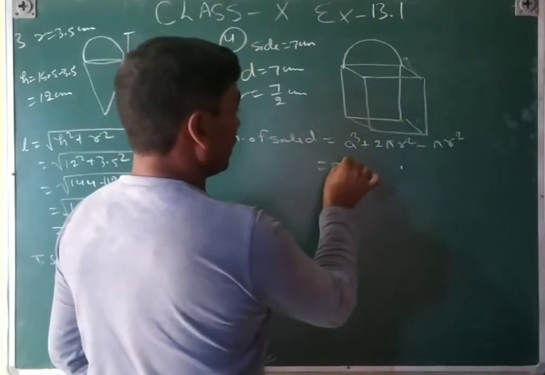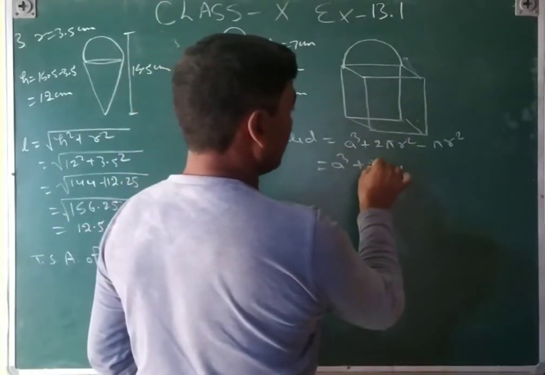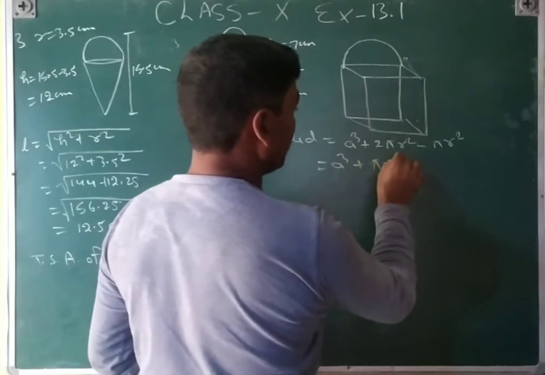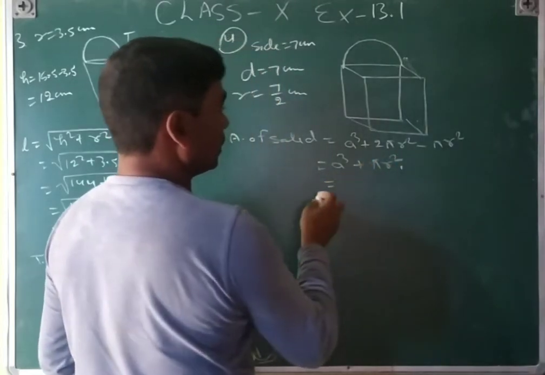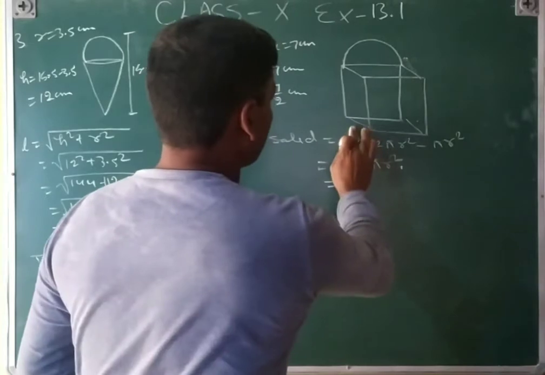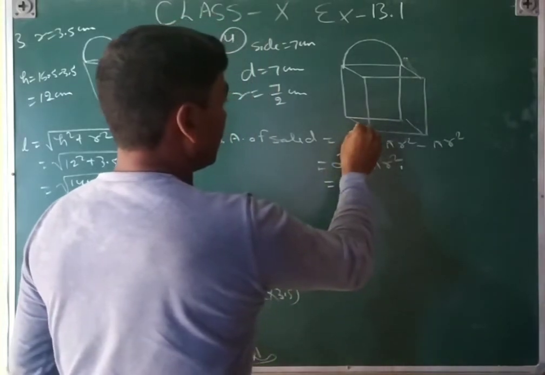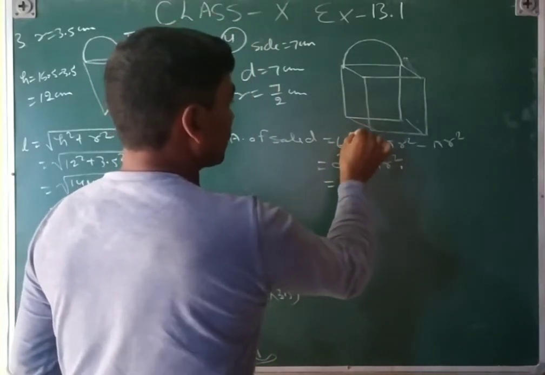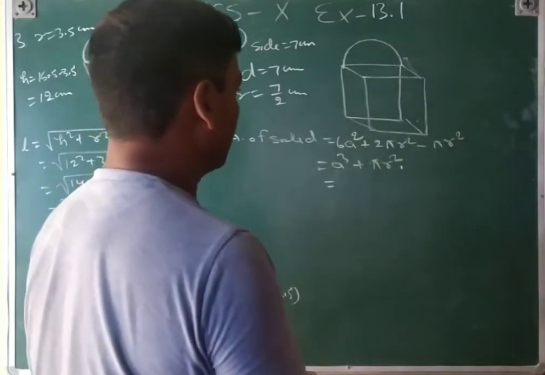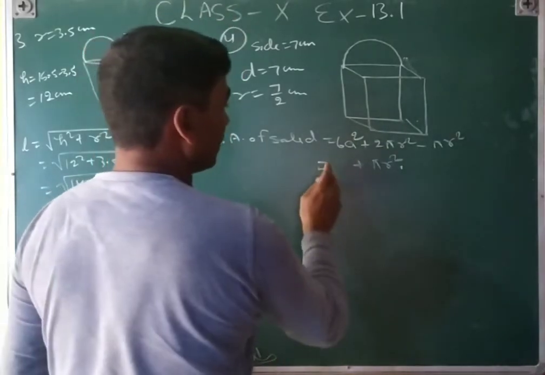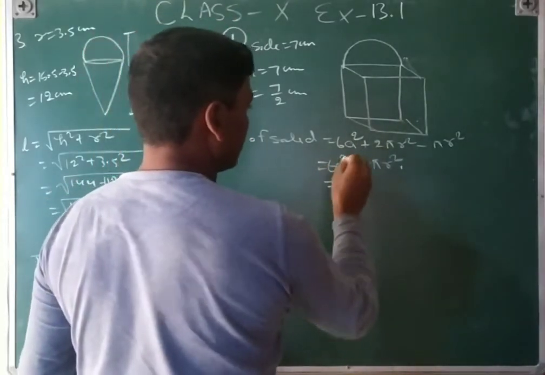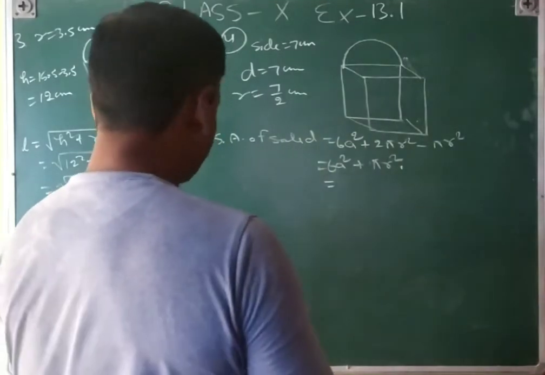So a cube plus only pi R square will be left. So 6a square, 6a square.